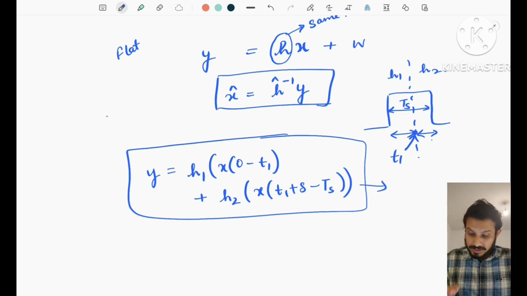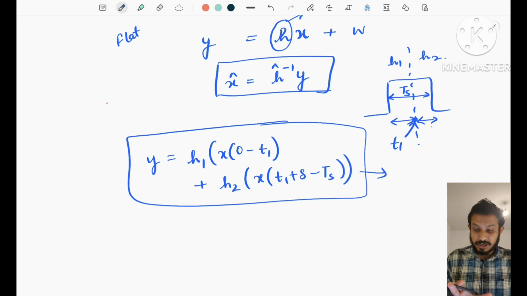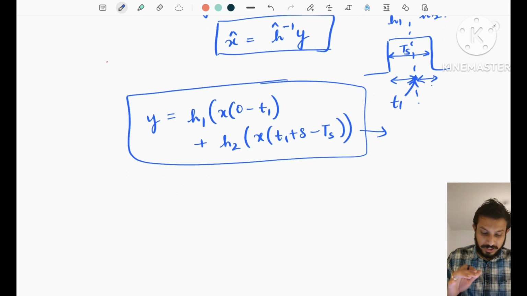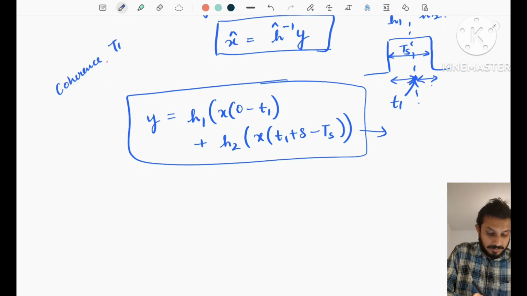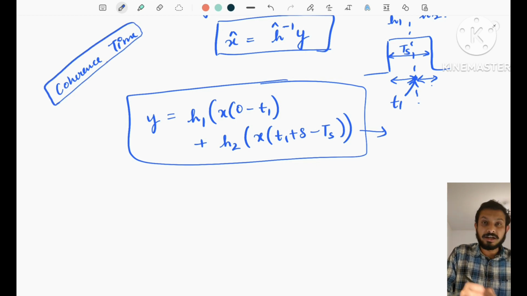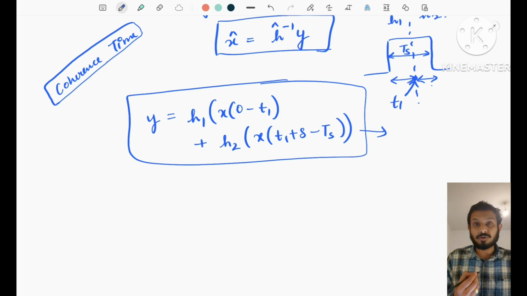So if we try to design a system, we want our system to experience slow fading rather than fast fading, because for fast fading we need an advanced receiver to handle the fast fluctuation of the received signal strength. With this, we have studied the coherence time, that is the time over which the signal is correlated to itself, or we can say the channel is correlated to itself.